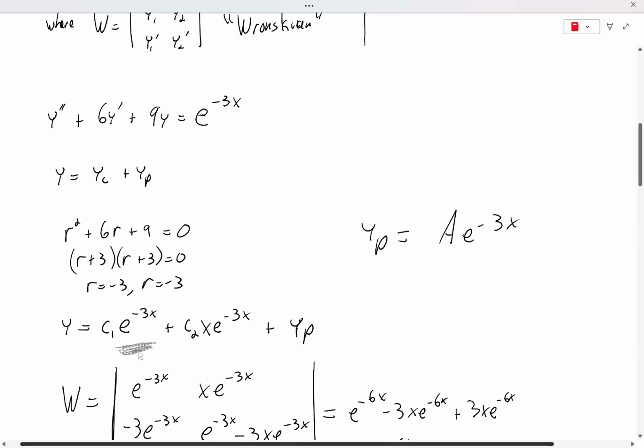Even if I put an x on it, it isn't going to work either, because that's part of it too. That is a solution to the homogeneous, so there's no way it could be a solution to the non-homogeneous.